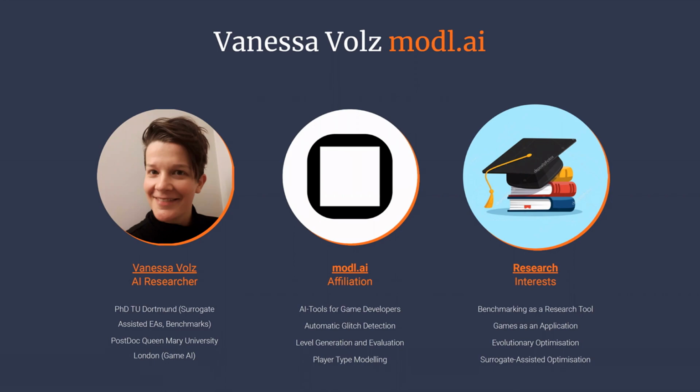So several little things that could hopefully help. We've had some initial experiences with that. Research-wise, I just love benchmarking, so that's my main thing, and general optimization, evolutionary optimization specifically.